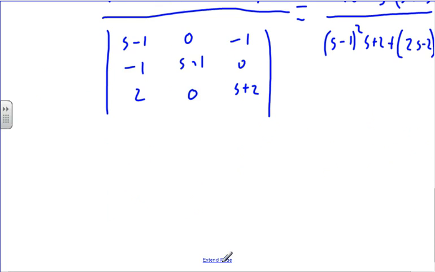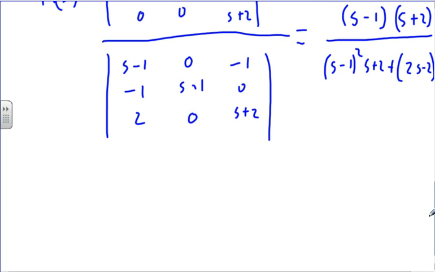Okay, now I'm gonna look at this denominator. Well, I'll rewrite it.